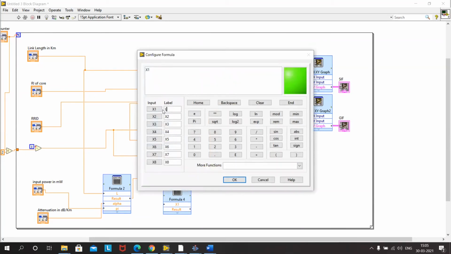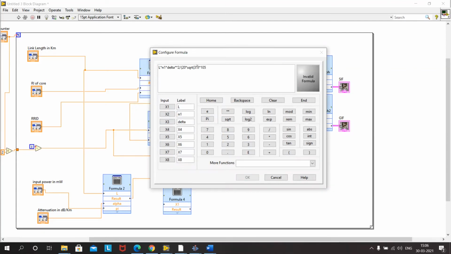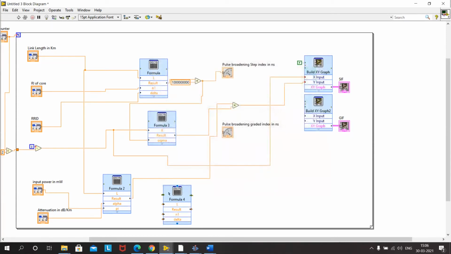It is n1. Now we'll make the connection.